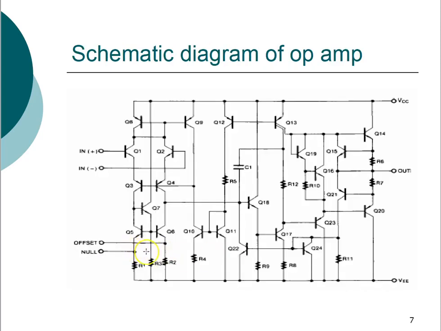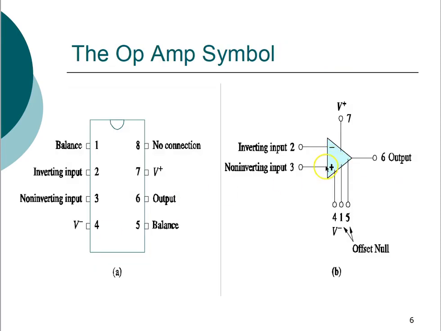So here you see a schematic diagram of an operational amplifier. What you saw in the last slide, we just see all these pins sticking out from this operational amplifier. But what is inside this integrated circuit is basically shown over here.